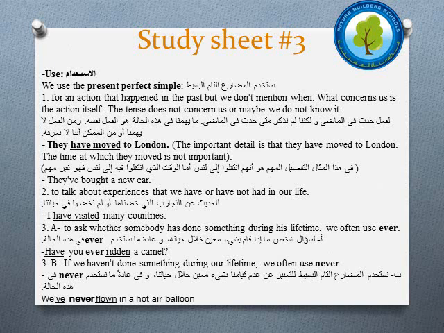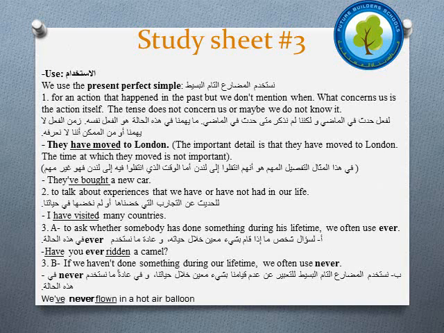We use has for the singular subject, he, she, it, or any singular noun, and we use have for the plural subject, they, we, you, I, or any plural noun, followed by verb 3, the past participle form of the verb. And today we are going to start with the uses.